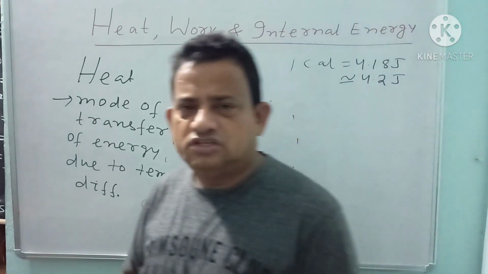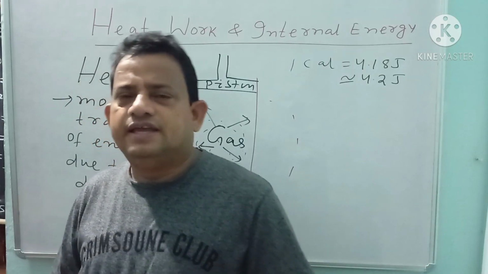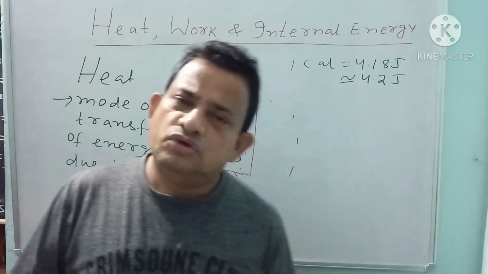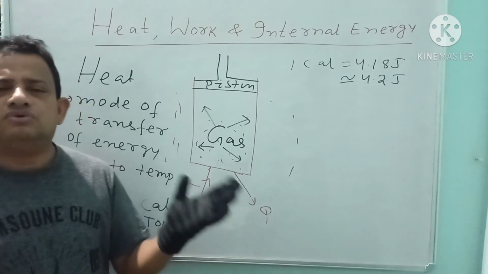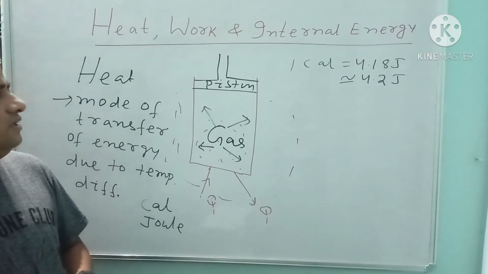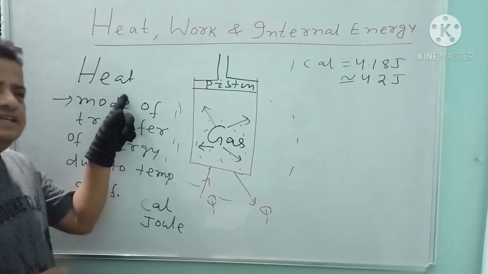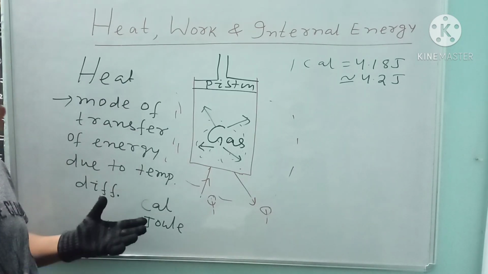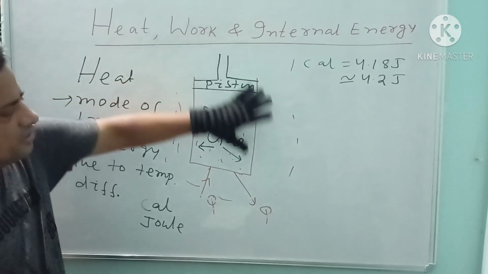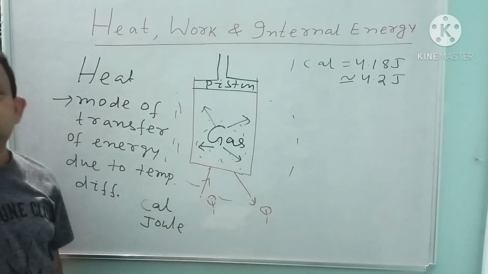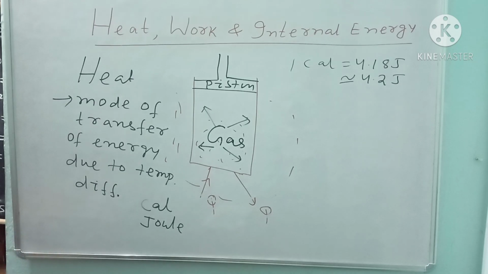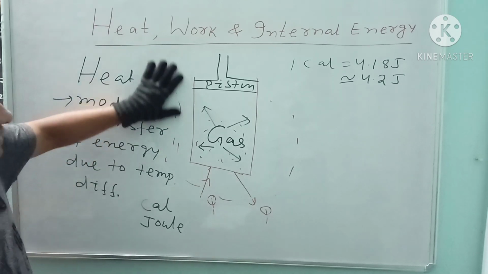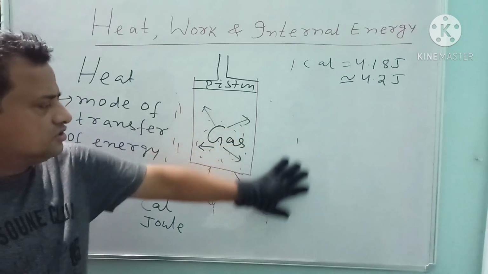This is the conversion. If you know calorie, you can convert it to joule, or if it is in joule, you can convert it into calorie. So this heat is vital in case of a thermodynamic system. Here gas is the thermodynamic system and these portions are the surrounding.